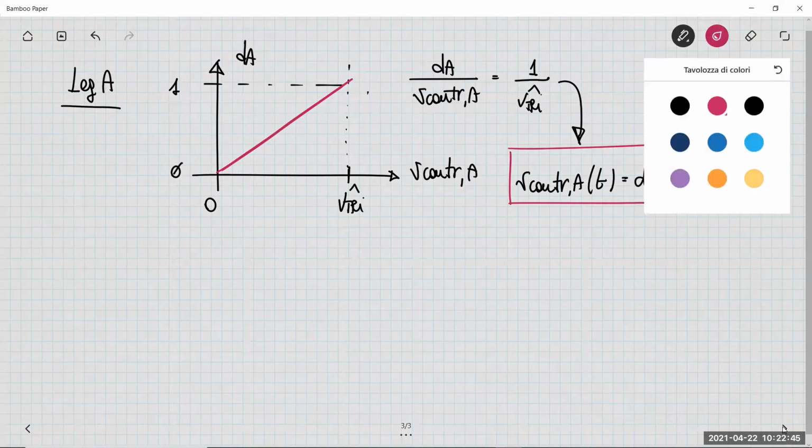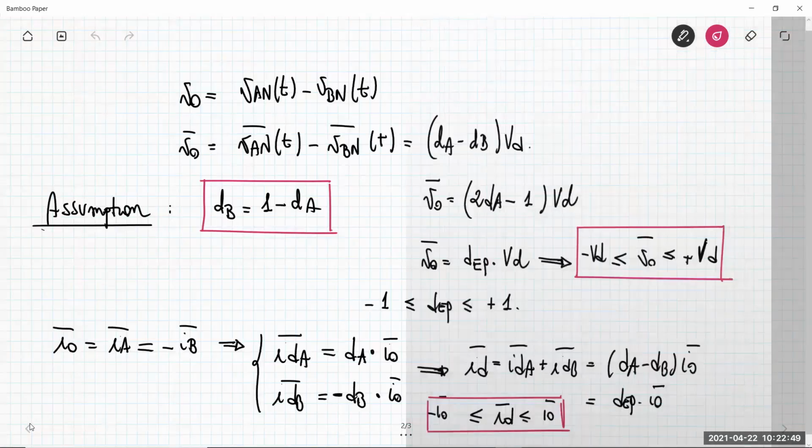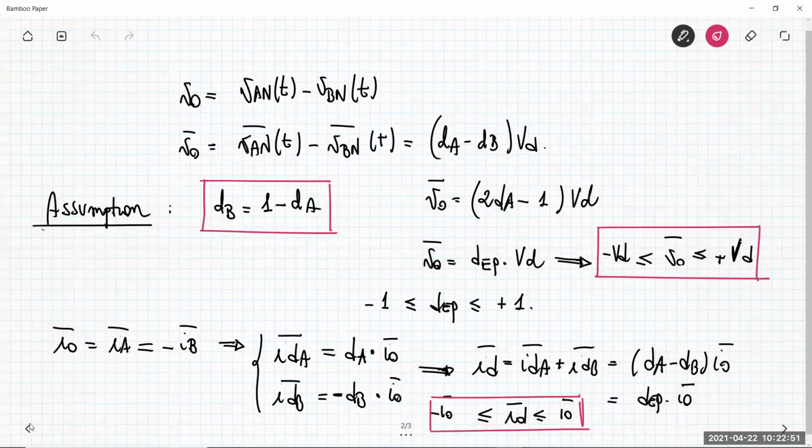And consider also this previous expression that we derived, which provides the relationship between the duty cycle dA and the average V0 voltage.